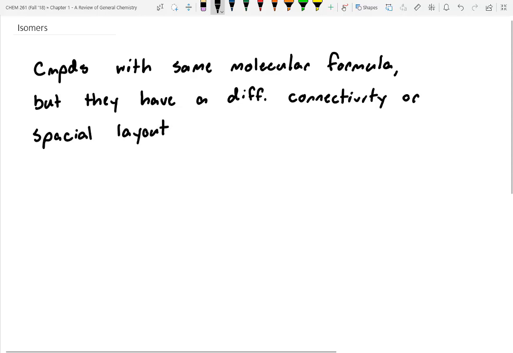We'll go over all the different classes of isomers later, but I wanted to introduce you to the most common one that you'll run into, and that's called constitutional isomerism.